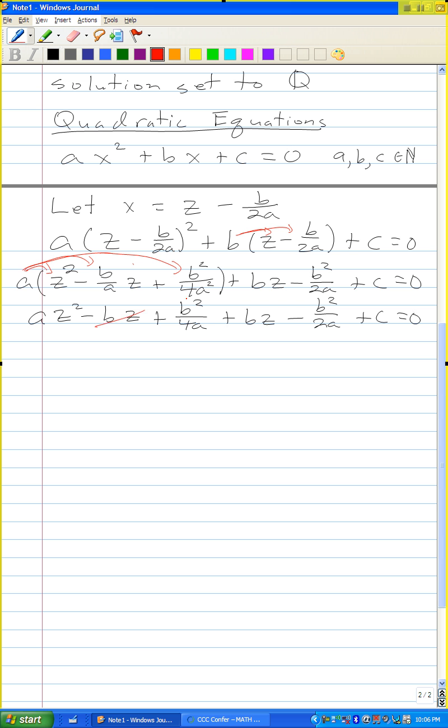Well, the bz's cancel. Let's multiply both sides of my equation by 4a. And so you get 4a squared z squared plus b squared minus, 4a divided by 2a is 2, 2b squared plus 4ac equals 0.